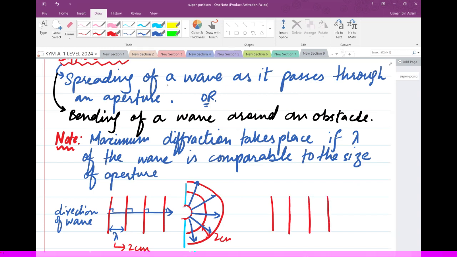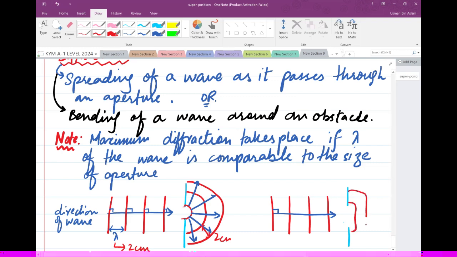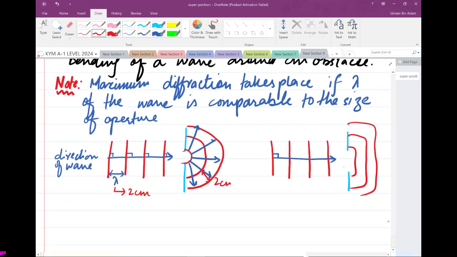But what if I force these waves to travel through a cardboard that has a bigger aperture in it? You can see the size of the aperture is bigger. In this case, the wave fronts are going to be less circular, and they're going to be more rectangular like this. This is indicating a smaller spreading out or a smaller diffraction.